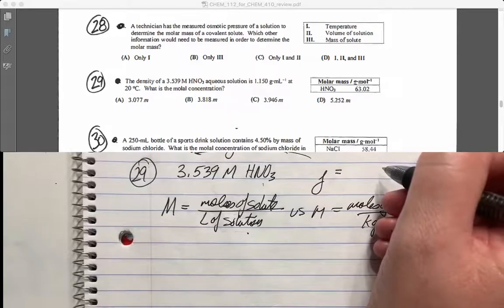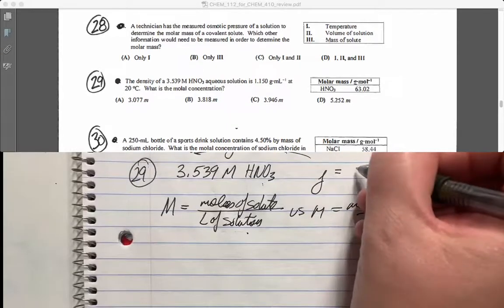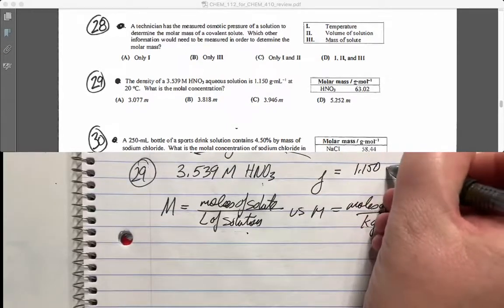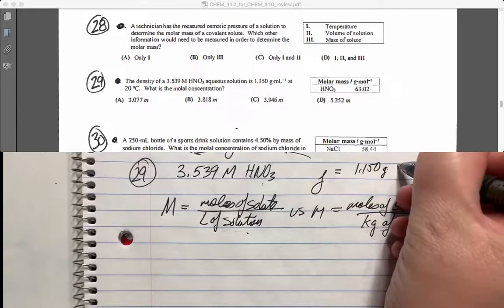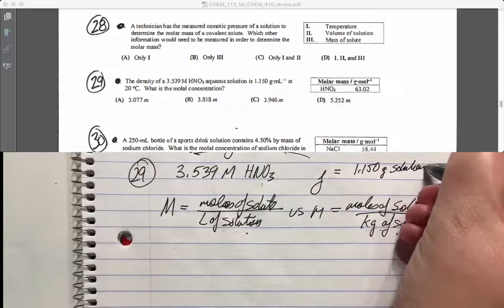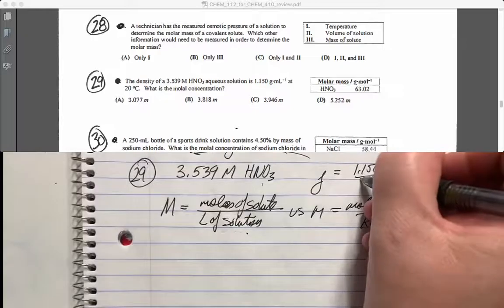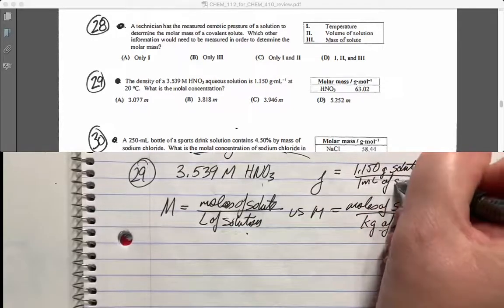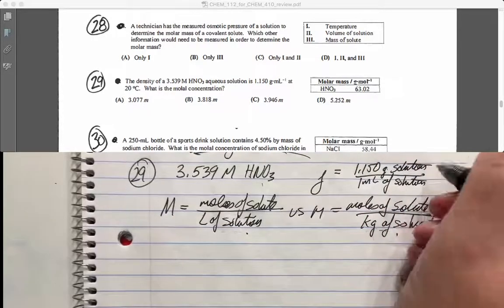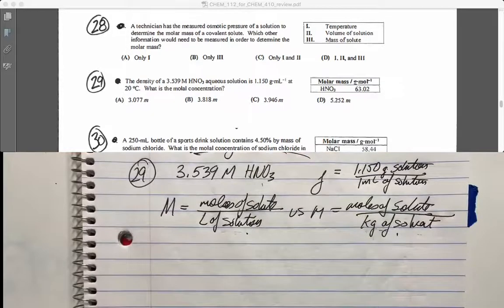And this density, I want to be very specific with these units, 1.150 grams of solution per 1 milliliter of solution. Okay, this is not the density of the solvent or something like that. This is the density of this solution.